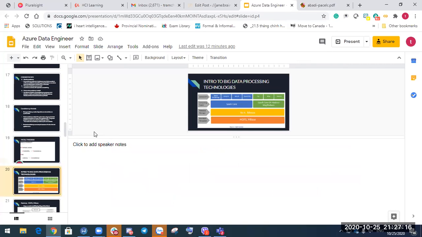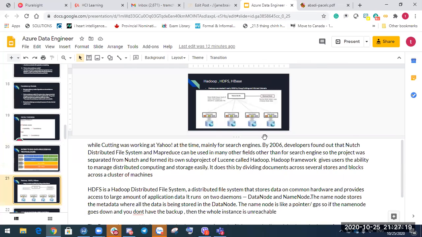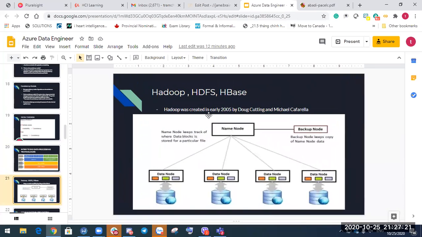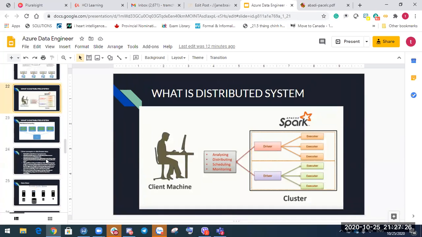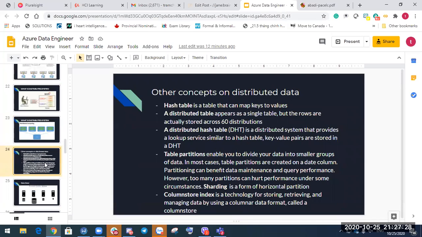Okay, let me go down to this. We went over Hadoop, HDFS, HBase already, and we know what a distributed system is. So let's talk about other concepts in distributed data systems. I want to mention the concept of hash table and distributed table, and what hash is. Here you can see table partition and also sharding.